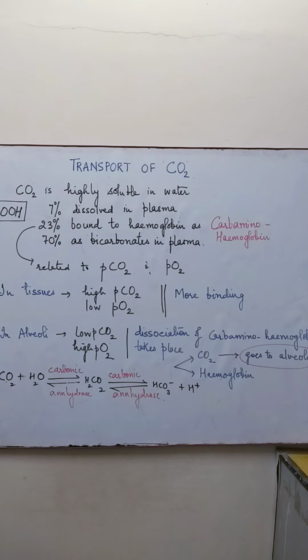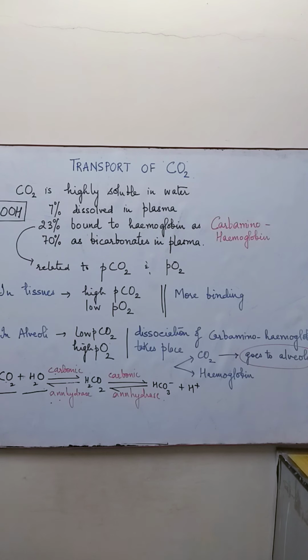Most of the carbon dioxide that is present in the plasma reacts with water in the presence of carbonic anhydrase enzyme. This enzyme is the fastest enzyme. It has a very rapid reaction, and this forms the carbonic acid.